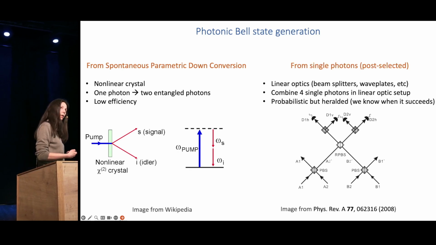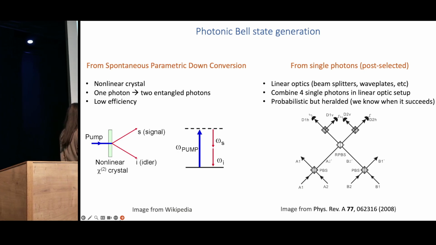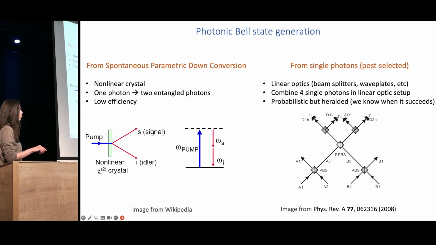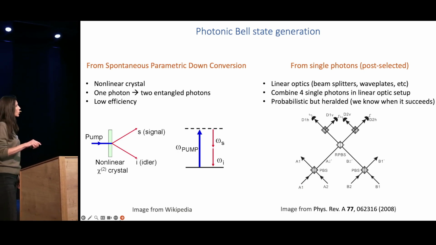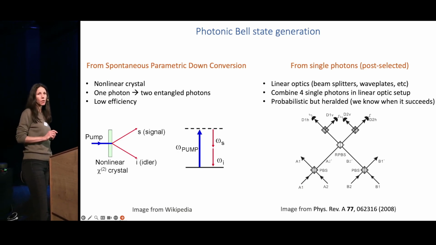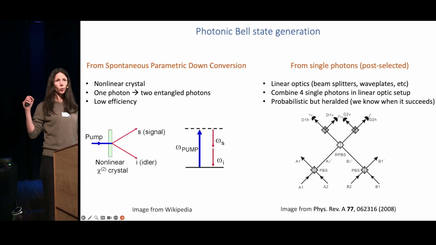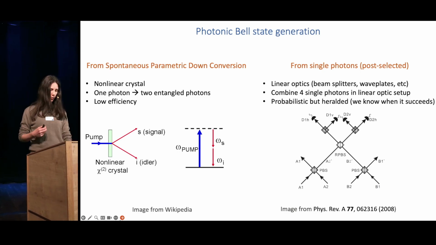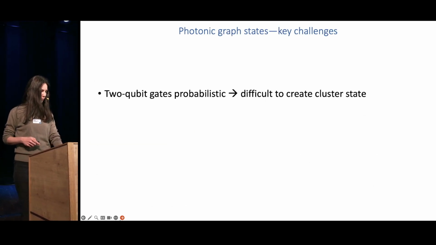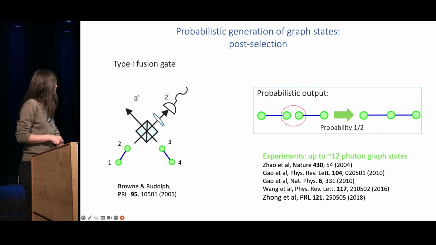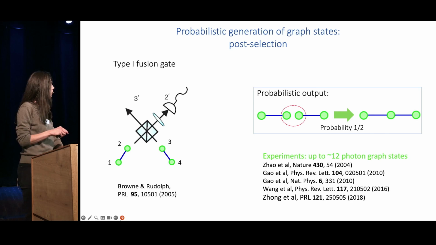Another way that I already referred to is to start from single photons, pass them through beam splitters, measure a subset of the photons, and conditionally on the outcome of those measurements, I get a graph state on the remaining. I can also combine Bell states, pass part of the Bell state through the beam splitter and connect the chain.